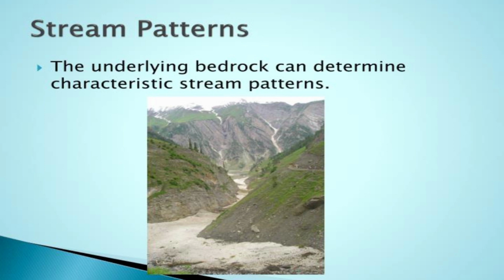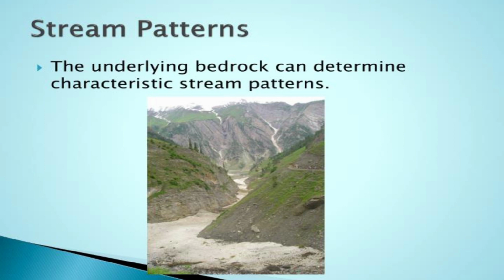Number one is the dendritic pattern, which is like a tree. It is a type of drainage pattern which develops as an entirely random network because of the absence of structural control.